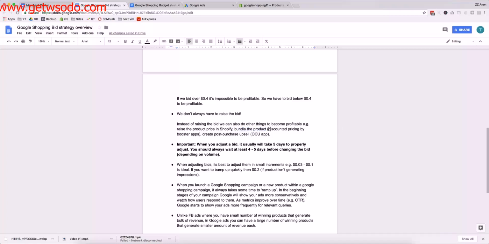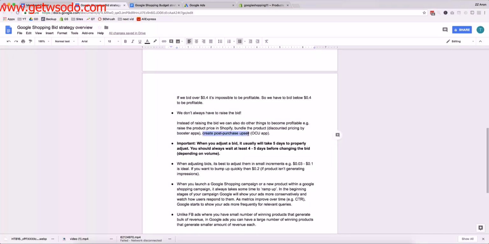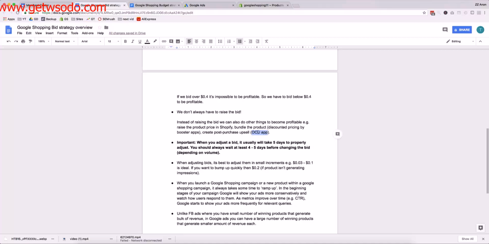A good app to do this is Discounted Pricing by Booster Apps, where you give a discount if they buy more than one of the product. You can also create a post-purchase upsell using One Click Upsell app by Zipify, which isn't available on the Shopify app store. You've got to Google it to find it. These are ways that you can get products profitable if they're breaking even on Google Ads and you can't increase the bid.